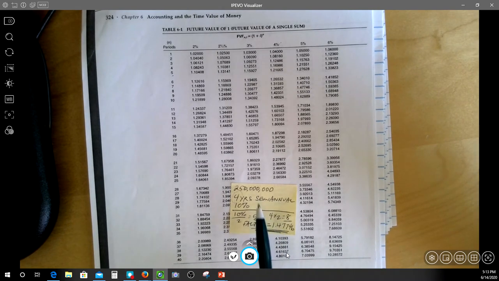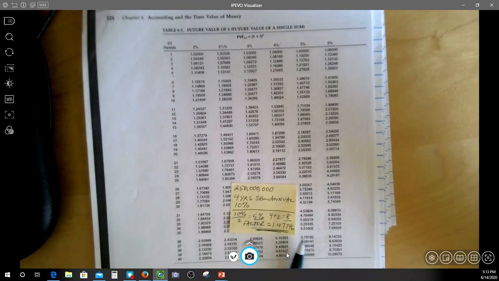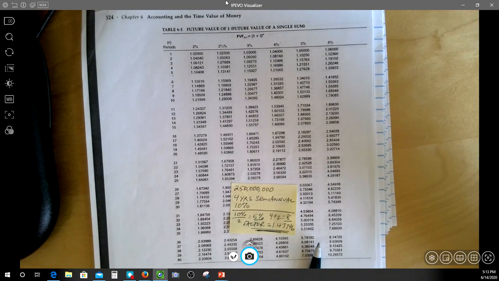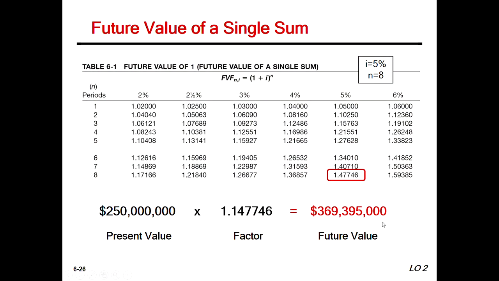We just multiply the 250 million by that factor, which the authors did for us, to get $369,395,000. That's the future value. That's how much it's going to be worth in 4 years at 10% annual interest.